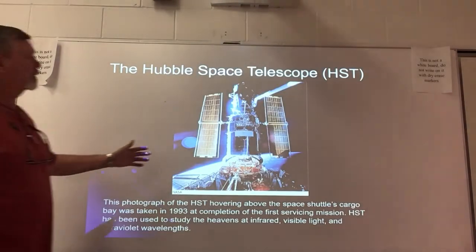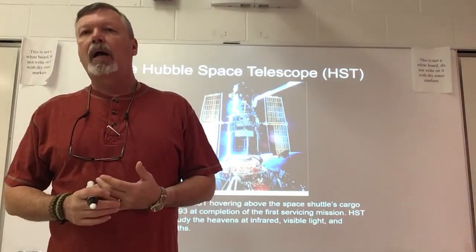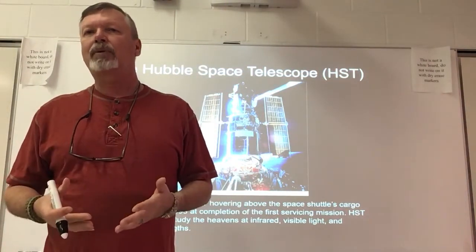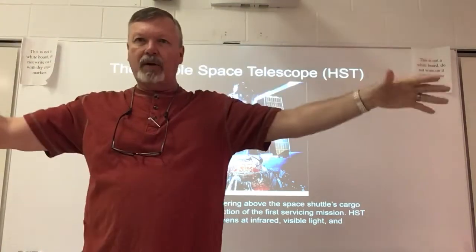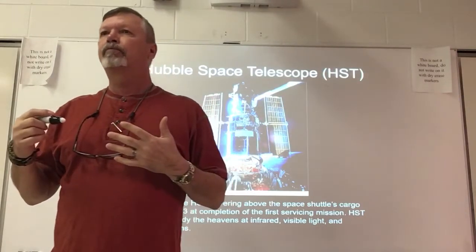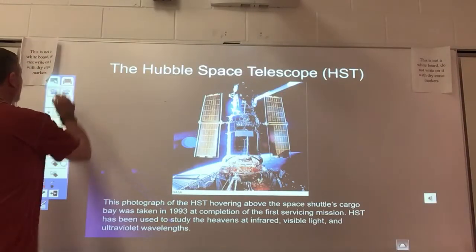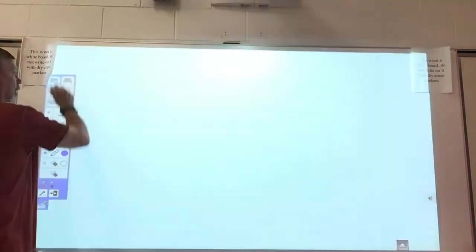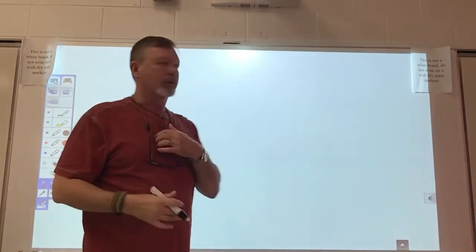This is just a picture of the Hubble Space Telescope. The Hubble Space Telescope is an optical telescope. Why did we make an optical telescope so we can put it in space? Because the atmosphere messes with the image. When light comes through the atmosphere, it is not static, it's dynamic, it's moving around, okay?